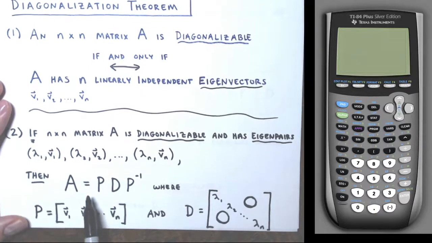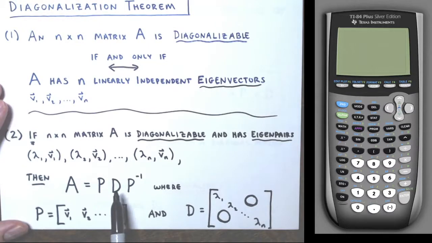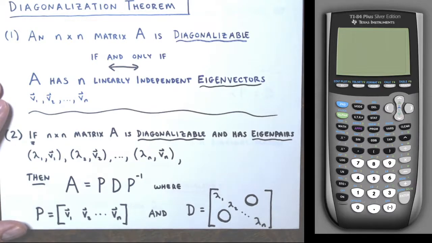Then you can find some matrix P and a diagonal matrix D such that A is equal to P times D times P inverse, or P inverse times A times P equals D, like the other equation I had written, just manipulating this one. So here's how P is constructed.